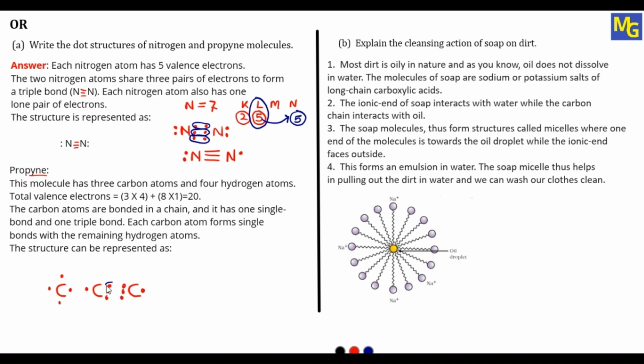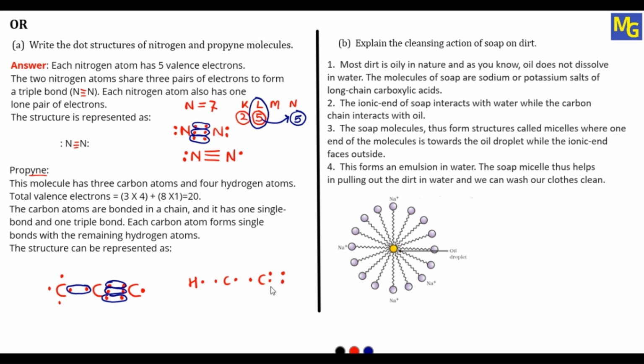Now this and this will be shared, this and this will be shared, this and this will be shared. So here we get a triple bond, this will be shared, here we get a single bond, and the remaining will all be balanced by the hydrogen. So this can be written like this. This is H, electron, electron, C, electron, electron, C, electron, electron.